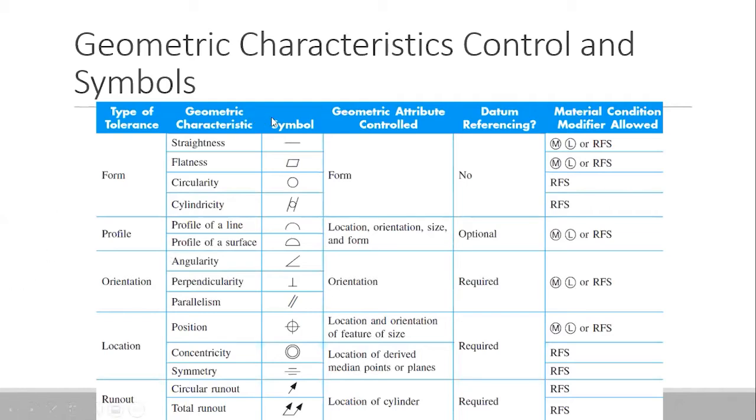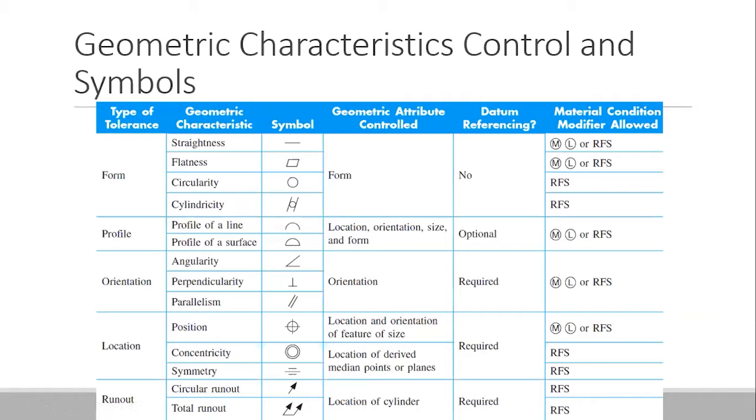Those geometric characteristics are controlled using the symbols as you can see here. We can control straightness with this symbol, flatness, circularity, cylindricity, profile, angularity. If you look at these four symbols, straightness, flatness, circularity, and cylindricity, they represent the form tolerance.